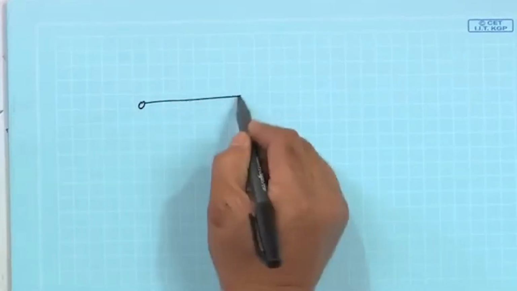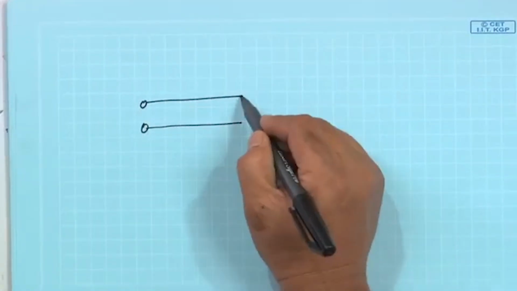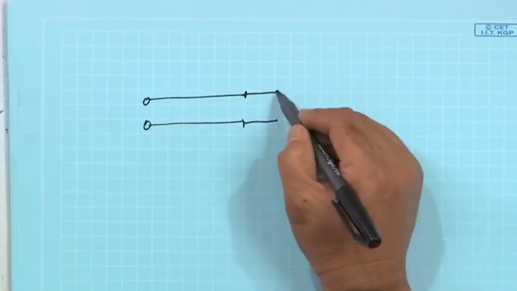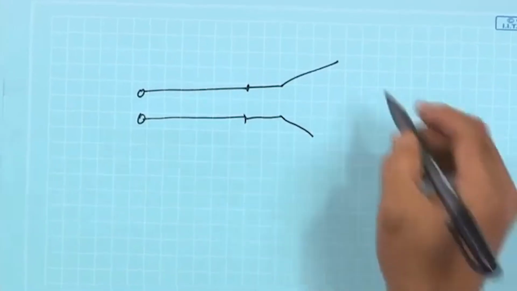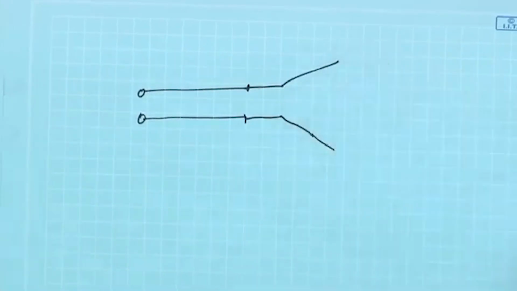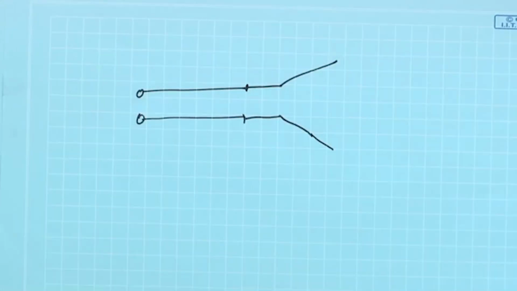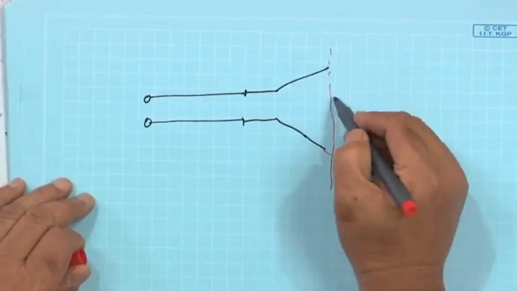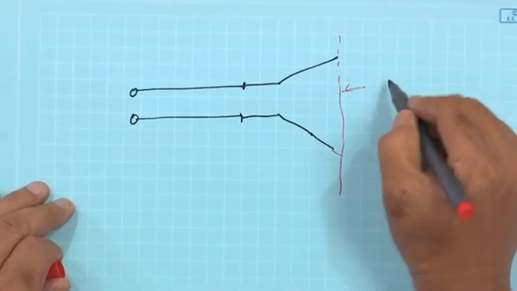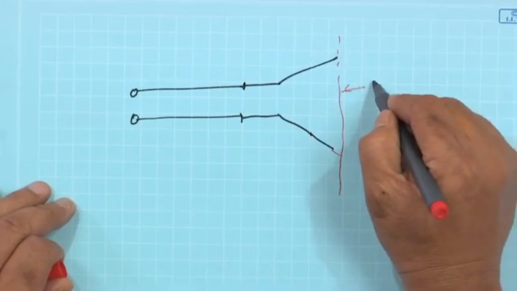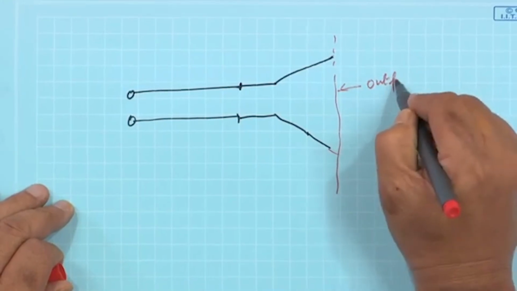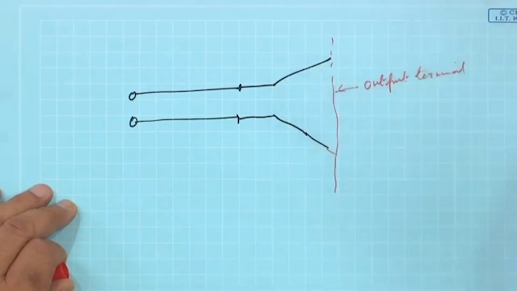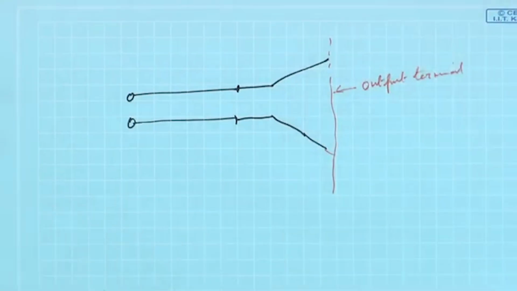Suppose I have a radiating antenna. We can call this plane here something like the output terminal of an antenna, because after this the wave is being launched in free space.